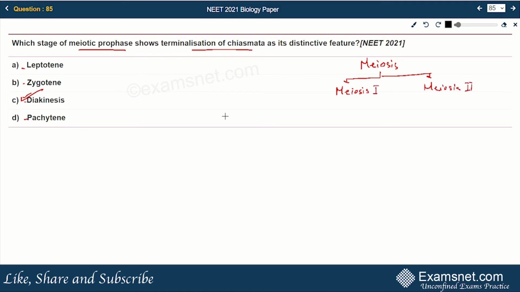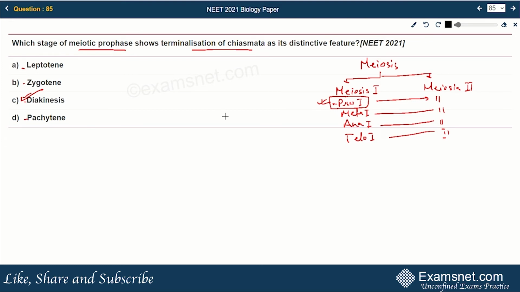Now meiosis 1 consists of prophase 1, metaphase 1, anaphase 1 and telophase 1. Similarly, meiosis 2 consists of prophase 2, metaphase 2, anaphase 2 and telophase 2, right? Out of these, prophase 1 of meiosis 1 is the lengthiest stage of meiosis as well as more complex than others.